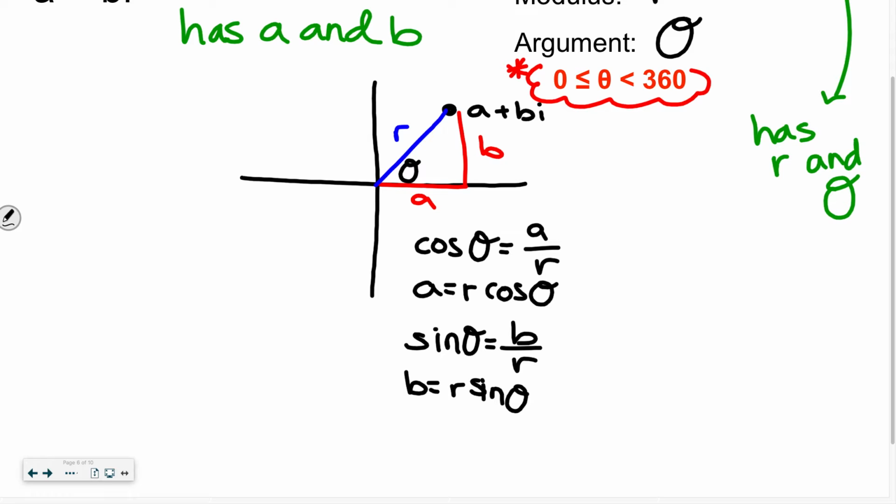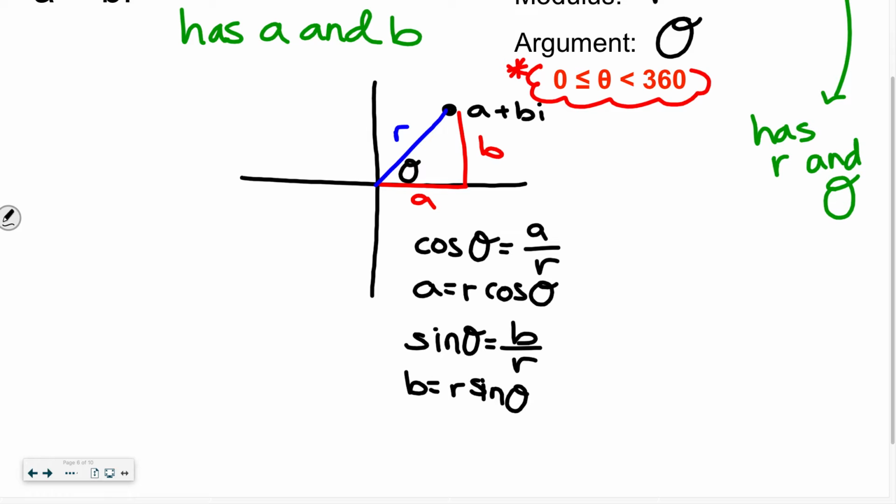We just did. What part of vectors does this remind you of? R cosine theta, R sine theta. Oh, that component form with magnitude and direction angle. I mean, it's the same thing, right? So don't reinvent the wheel here. The horizontal component is r cosine theta, and the vertical component is r sine theta.